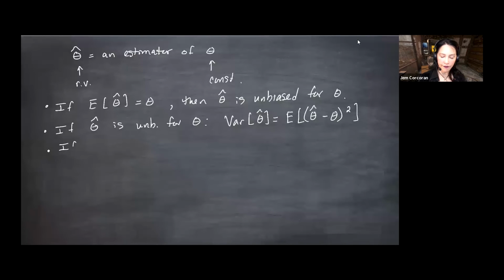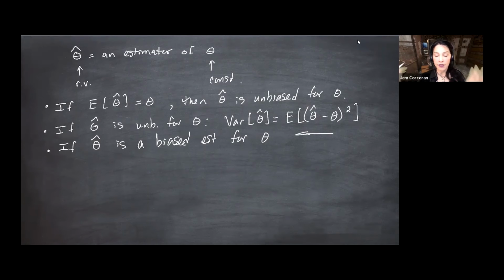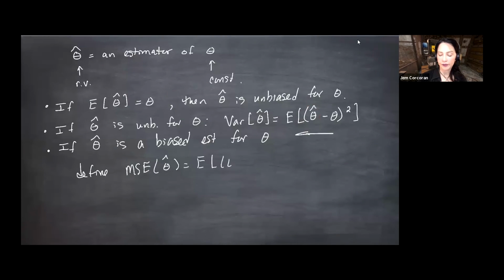But if theta hat is biased, then this same quantity is still interesting because theta hat is our estimator, and theta is the thing we're trying to estimate, and we would like to look at that kind of distance between them. But in this case, it's not the variance, it's called the MSE, or mean squared error. So we define the mean squared error for theta hat to be this thing.